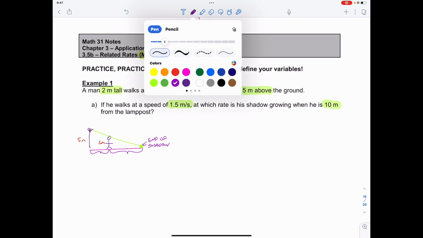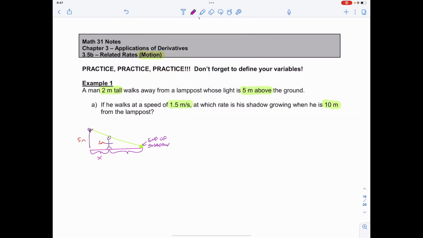With those two lengths that are changing, I'm going to call them x and y. We also know that as he's walking away from it, x is increasing in this direction, and y, the length of that shadow, is also going to increase as he is walking away.